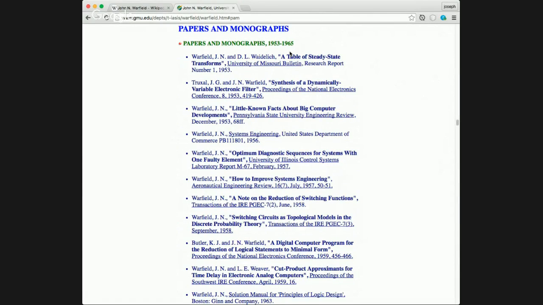The interesting aspect here is the focus on not only mathematics, but also on electrical engineering and the application of mathematics to electrical engineering applications. So we see that in 53, we have a table of steady state transforms. Also, the synthesis of dynamically variable electronic filter.